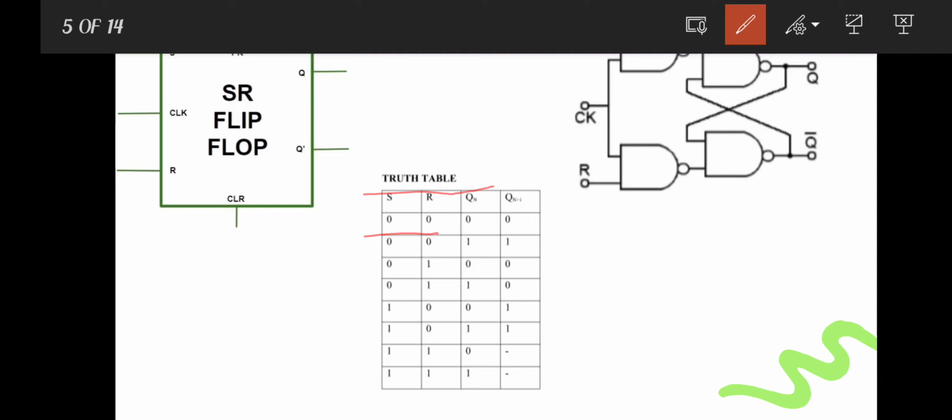Now at the rising edge of the clock, if both inputs S and R are 0, then this SR flip-flop will maintain the current state. That means the next state of the flip-flop will be the same as the present state, or in other words, there will be no change in the output of the flip-flop.